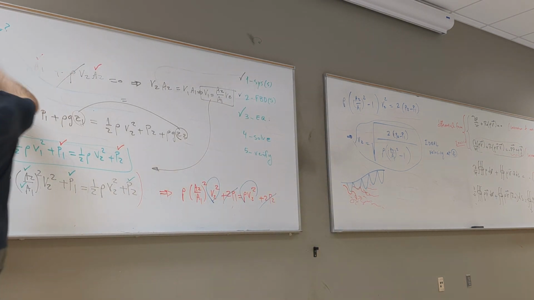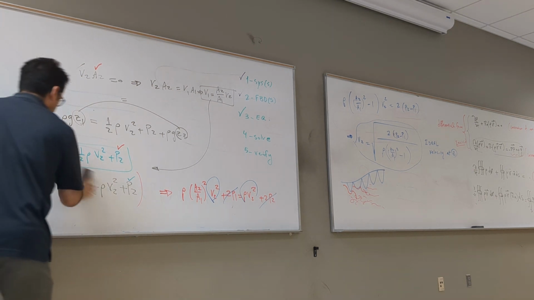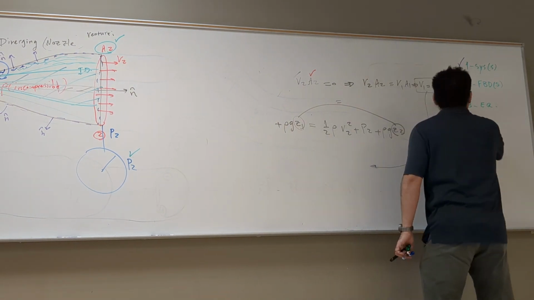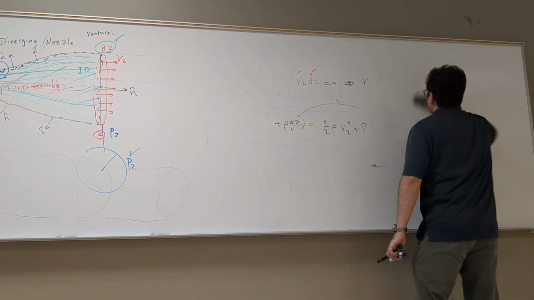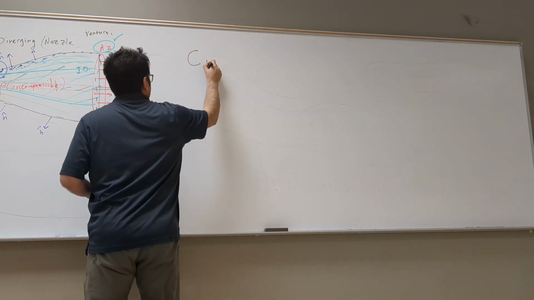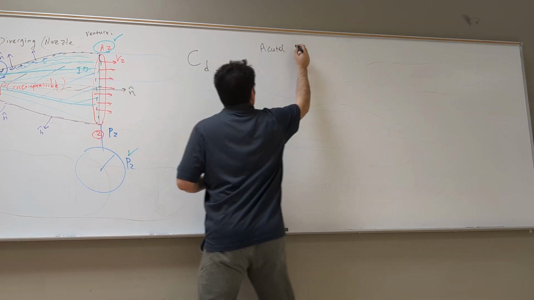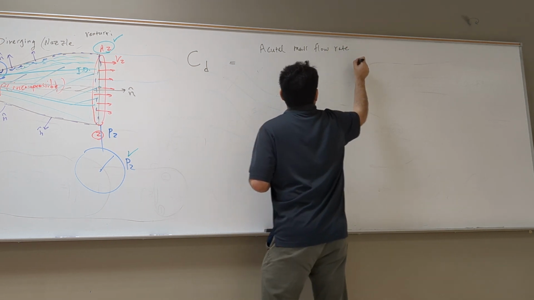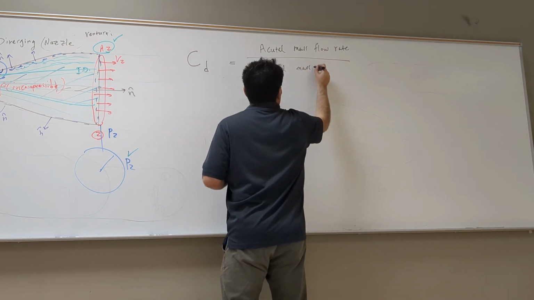They define the coefficient of discharge as the actual mass flow rate divided by the ideal mass flow rate.